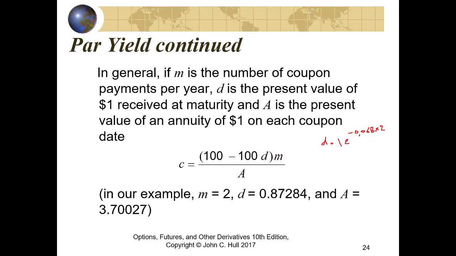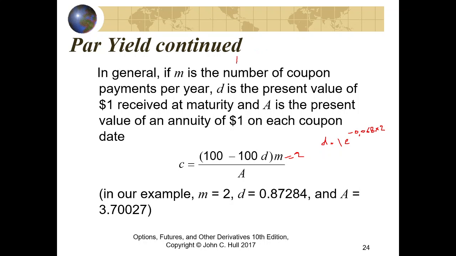M is how many times there will be coupon payments per year, which is 2 in our case. And A is the present value of an annuity of $1 received on each coupon date.